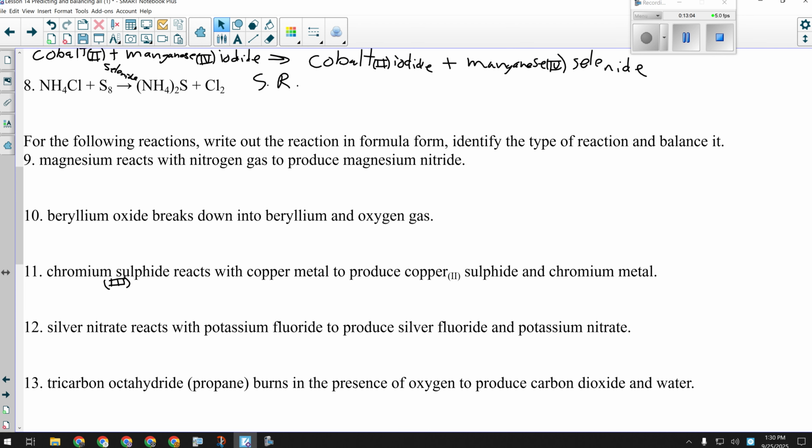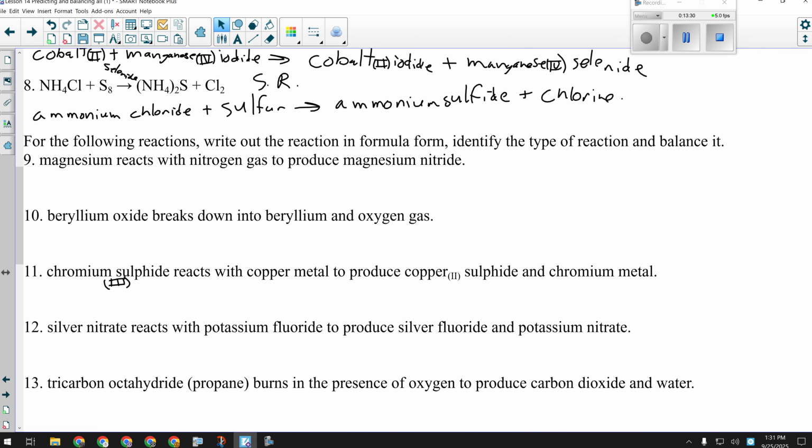Okay, if we're writing it out in words, this is ammonium chloride. It's reacting with sulfur, and that is going to make ammonium sulfide and chlorine.